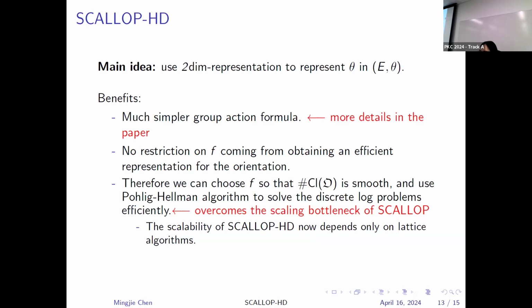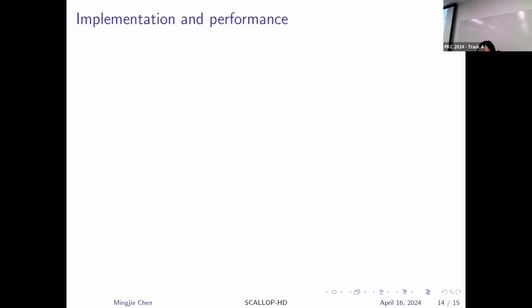As I mentioned earlier, if you remember, we have a lattice reduction step and we have a CVP step. Finally, implementation and performance of our protocol. In terms of scalability, which I saved to the end, we managed to scale to CSIDH-4096. So it's much bigger than the previous ones.